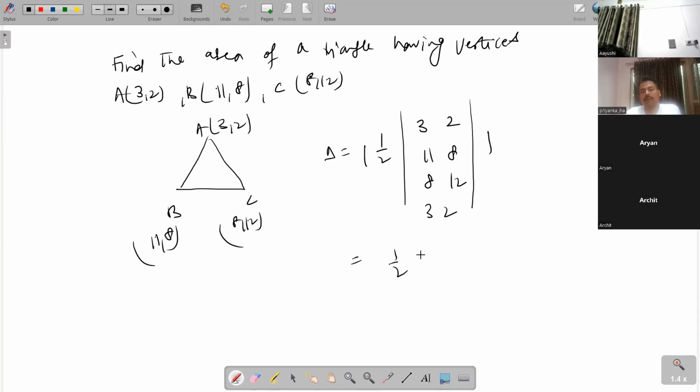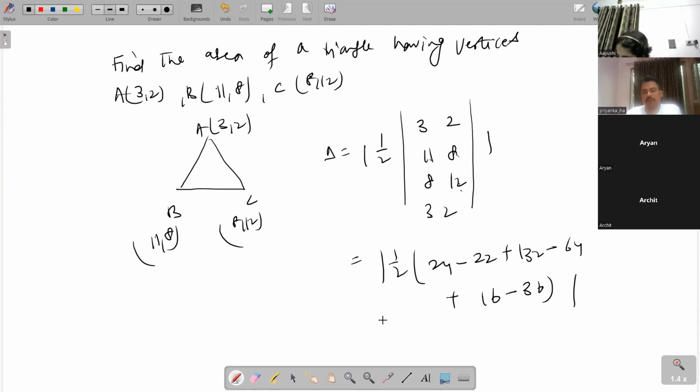So this will be half outside. See, you can add this: 3 into 8, 24, minus 11 into 2, 22, plus 11 into 12, that is 132, minus 8 into 8, 64, plus 8 into 2, 16, minus 3 into 12, 36, and then apply mod.